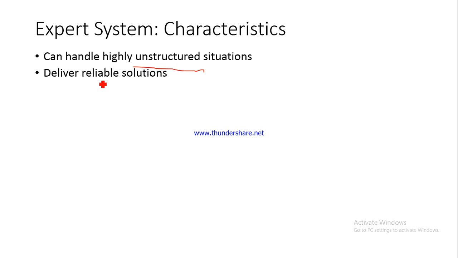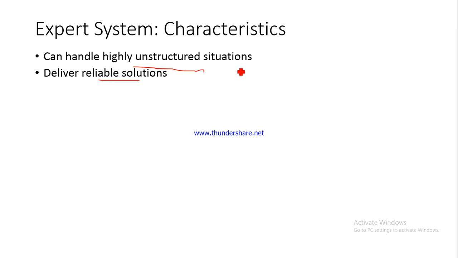They deliver reliable solutions. However, we should qualify this remark by saying that the reliability would still be less than an information reporting system or the TPS. Why? Because they are not oriented towards the past. They are not giving us a summary of what has happened in the past.